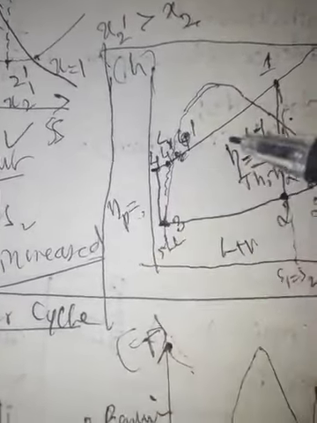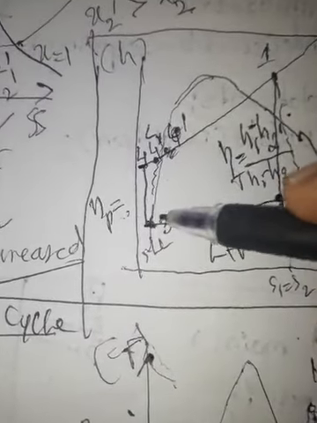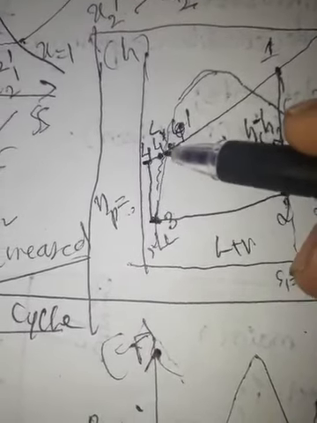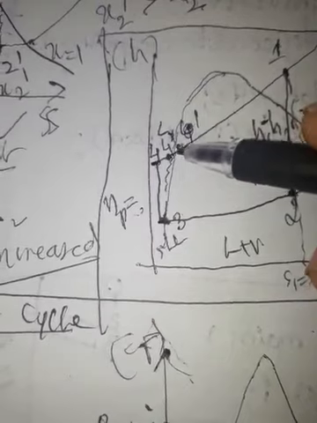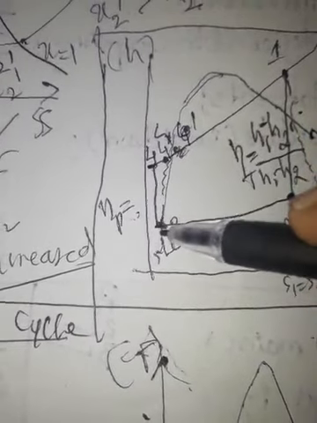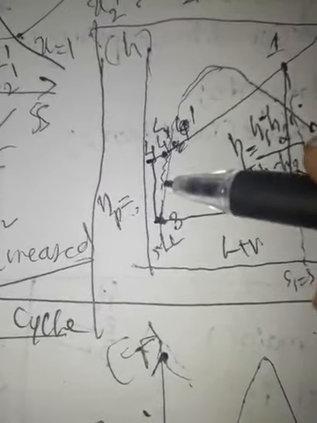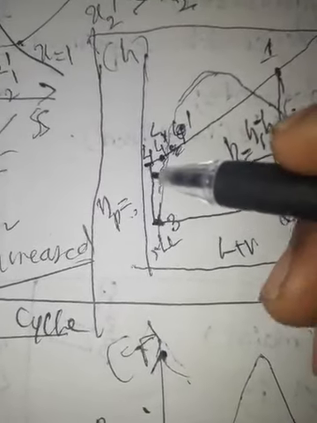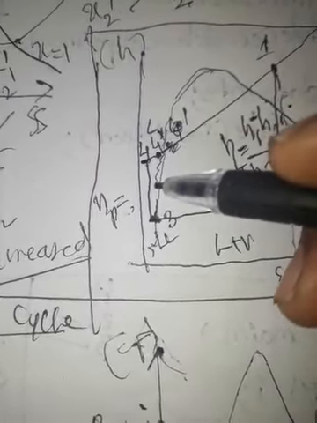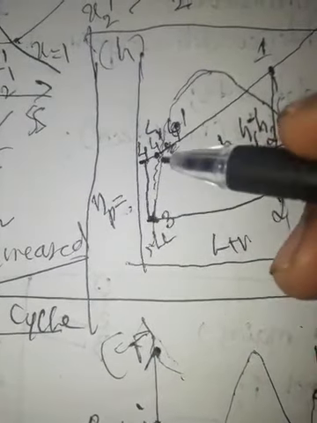Now this is the pump efficiency formula. For pump efficiency, which one is greater here? 3 to 4 dash is greater, because of losses it will consume more work. Under ideal conditions it will consume less work, so 3 to 4 is lesser. So how do we define the pump efficiency?